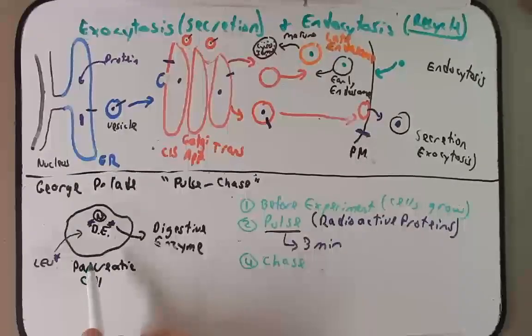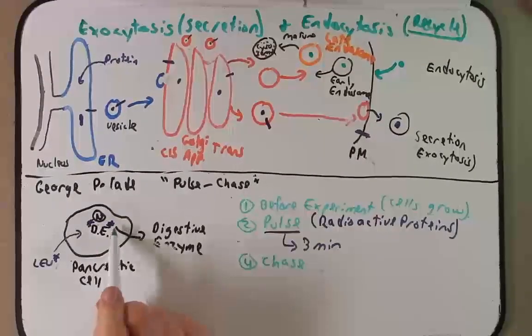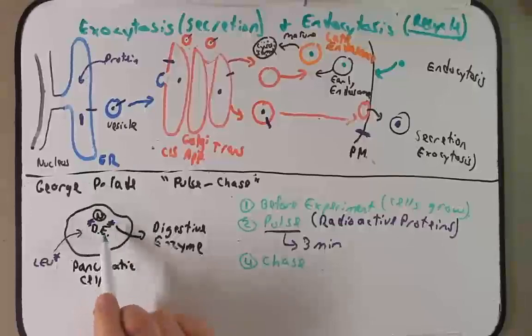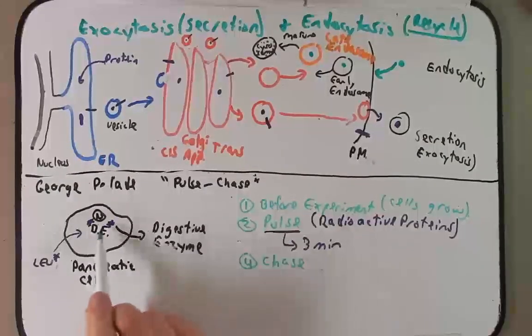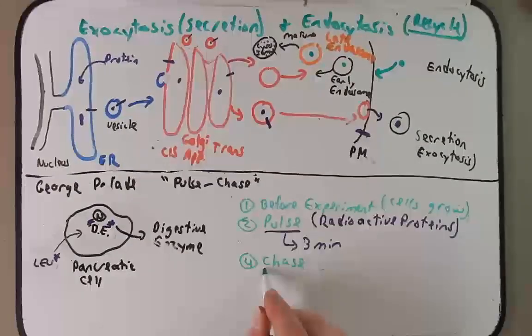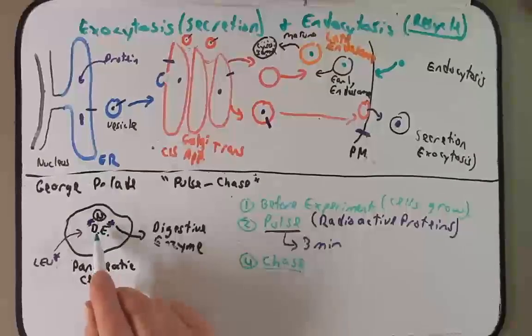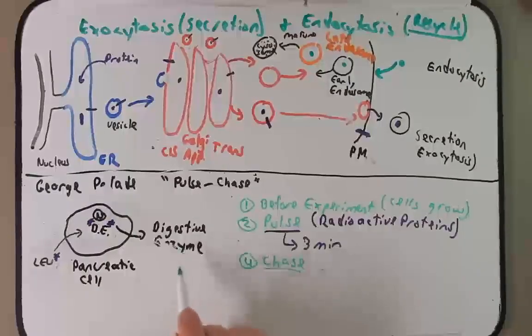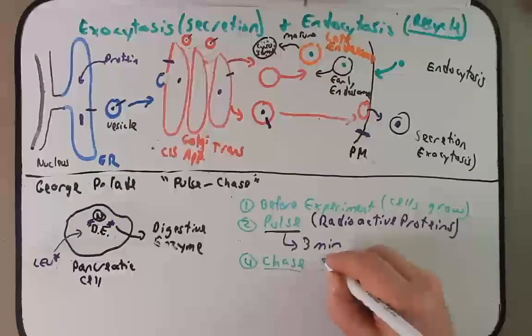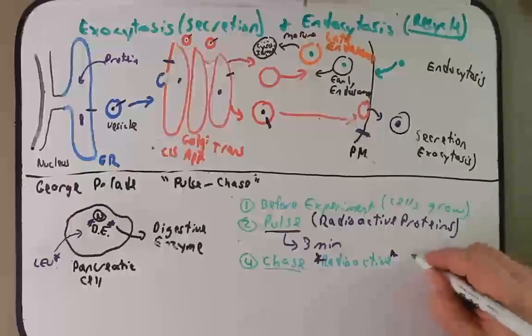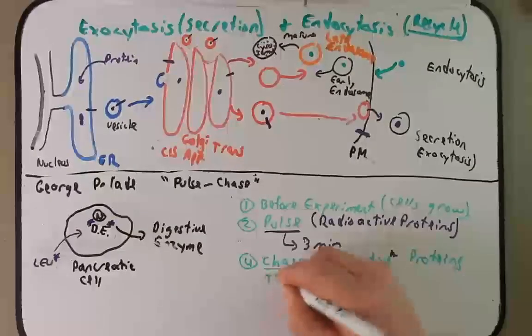What's happening during this part is that we're watching these enzymes that were just made with radioactivity. We're going to chase those proteins through the cell until they exit the cell. So chase the radioactive proteins throughout the cell.